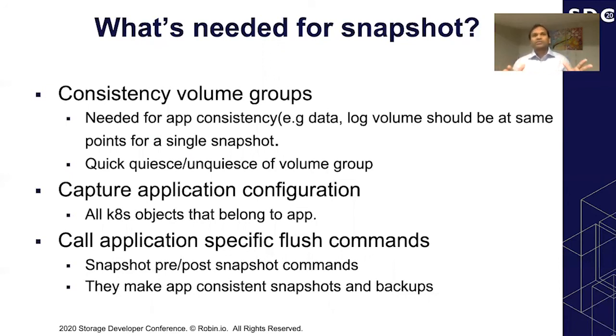So this would mean that you might need quiescing of all the volumes at one point in time. And you need to capture the entire K8s objects which belong to this particular application, as we have just talked about. And also we need the capability to run application-specific commands to flush the buffers. That's what makes the snapshots application consistent.